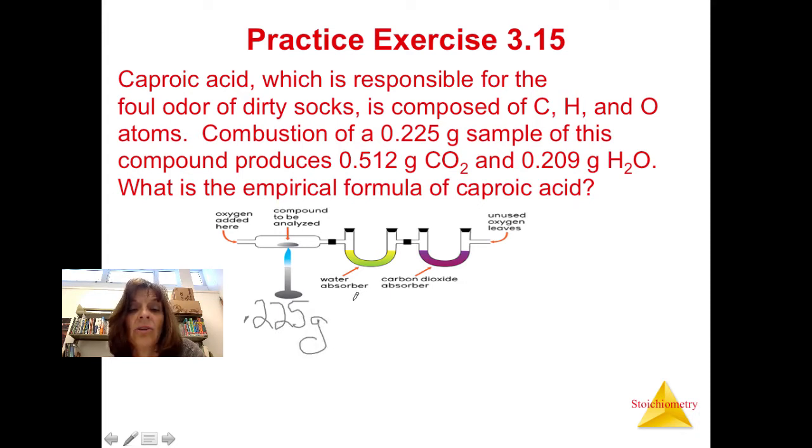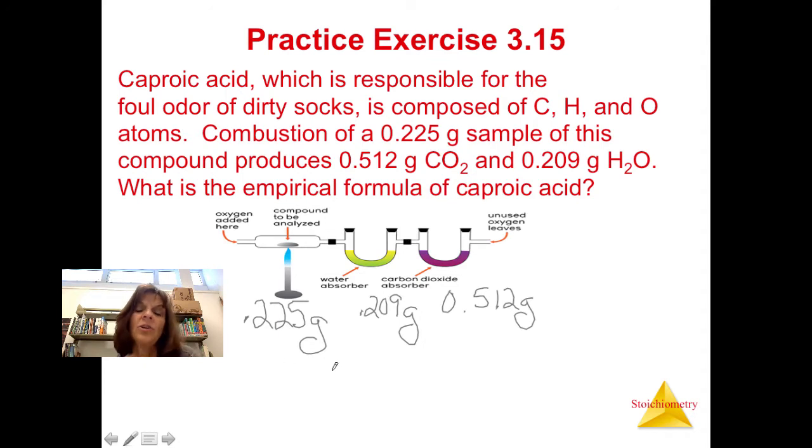And then once you combust it, you're able to trap 0.209 grams of water and 0.512 grams of CO2. So that was trapped in this part. And then any unused oxygen leaves.